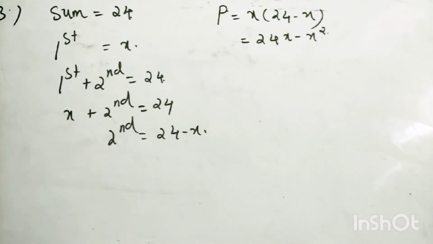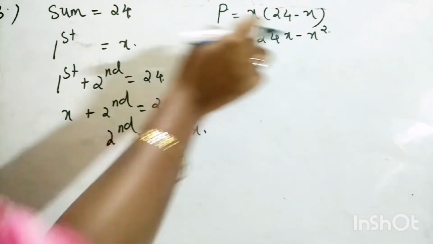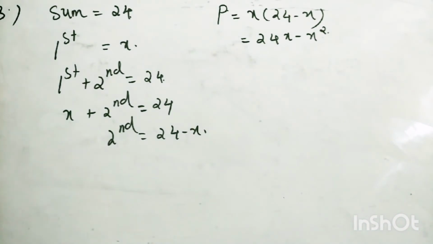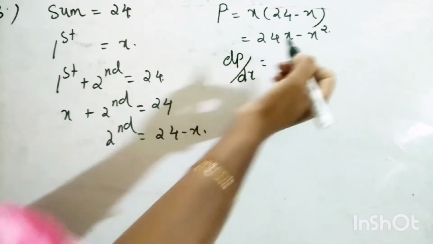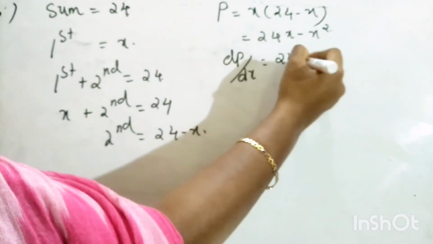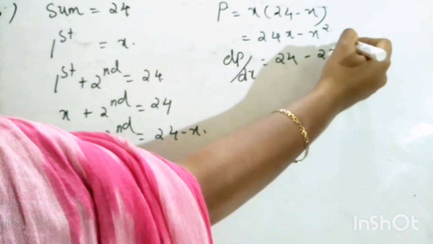So here we need to use the second derivative test to get the maximum value. We got p equal to 24x minus x square. Now we are going to find dp by dx. dp by dx is equal to 24 minus 2x.